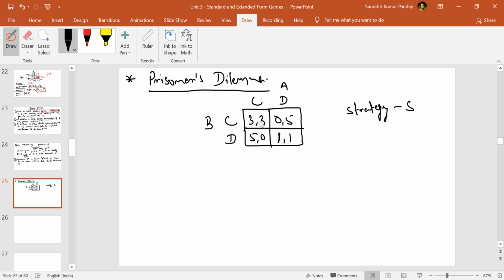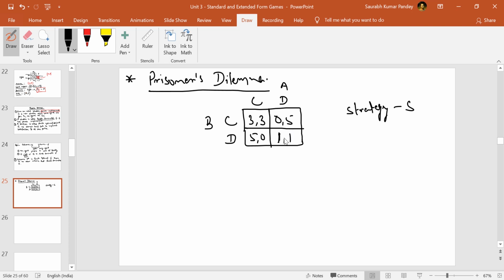In that case, if somebody is gaining something, it doesn't mean that the other agent should lose. If that is the condition, then you can say that the strategy is Pareto optimal. Let us first talk about DD. When prisoner A defects, the utility is 1, and when prisoner B defects, the utility is 1. So let's see how it happens.